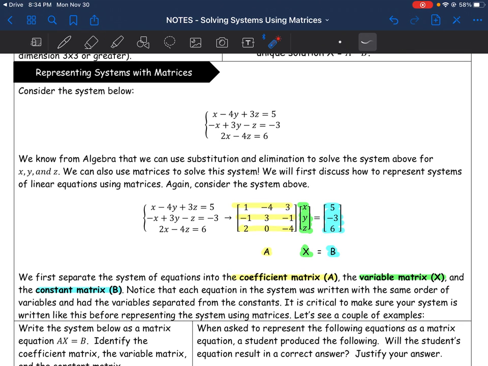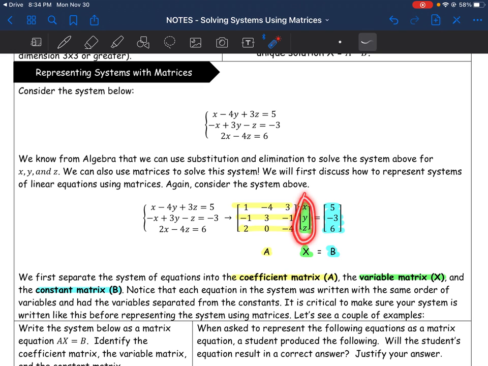And notice that in our system of equations, on the right side of each equation are the constants 5, negative 3, and 6. That's where our constant matrix is coming from. So when we want to take a system and write it as a matrix equation, we need to make sure that first, all of the equations in the system are written in the correct order, with the variables on the left going x, y, z, or a, b, c, however you want to order the variables.